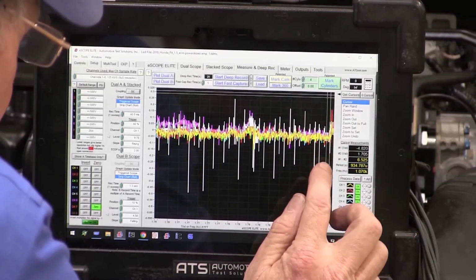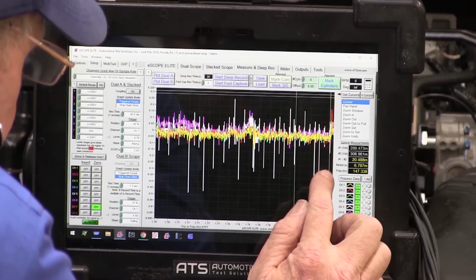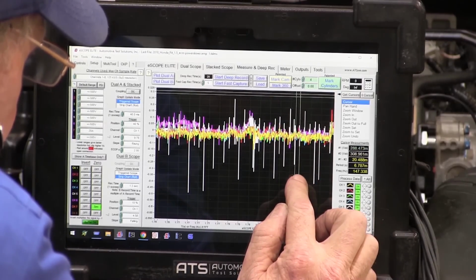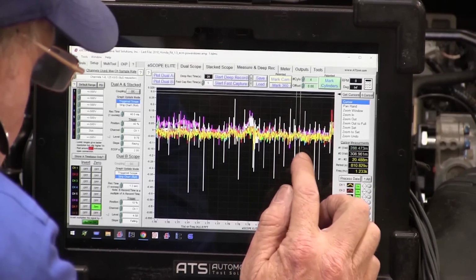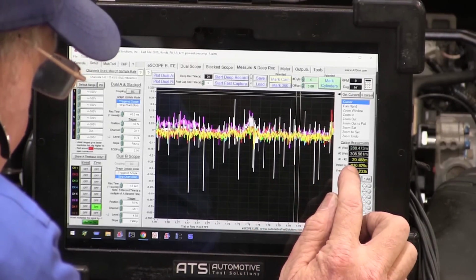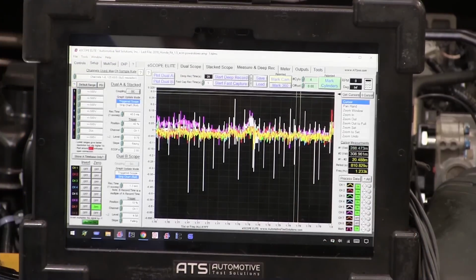So let's get the cursors. We're measuring from a spike to a spike, and that's 810 microseconds, or 1.2 kilohertz.